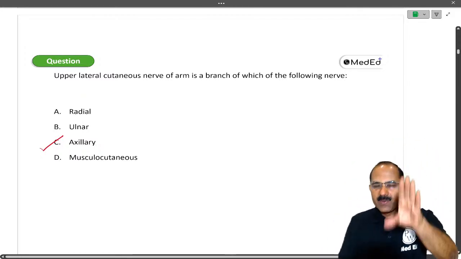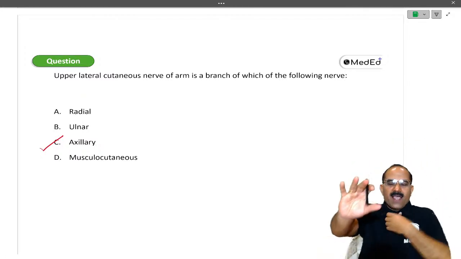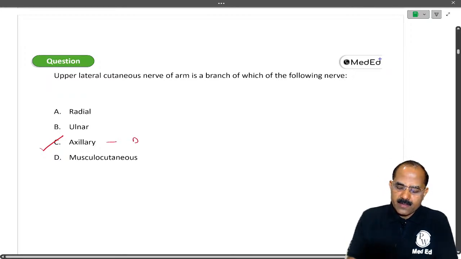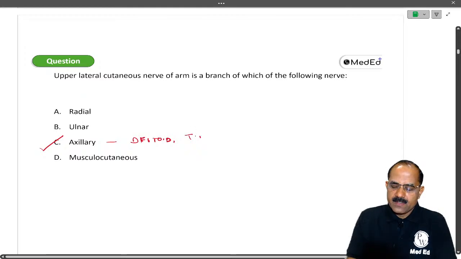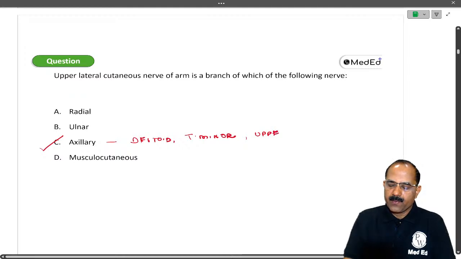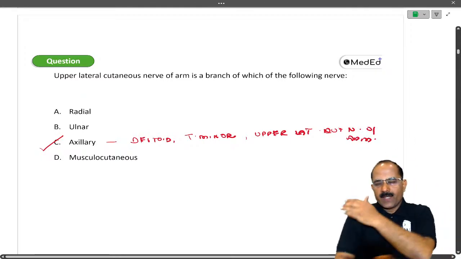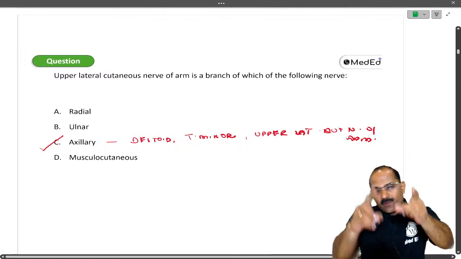The axillary nerve supplies the deltoid and the teres minor, and it gives a cutaneous branch, the upper lateral cutaneous nerve of the arm.